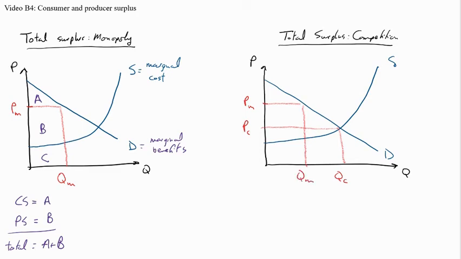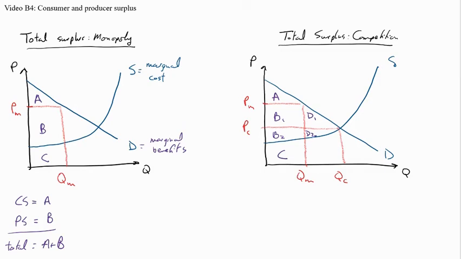Now let's do some labeling. All right. We have an area A, the same as the consumer surplus in monopoly. Now I have two pieces for the area B. I'm going to label that B1 and B2, our area C, and then I'm also going to label this area D1 and area D2. Let's summarize what we have.